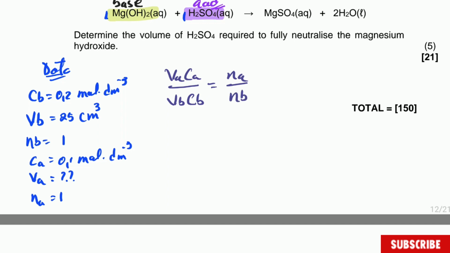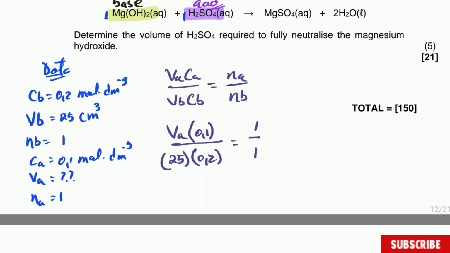And we have everything. All we have to do is to substitute. For the acid, we're looking for the volume of the acid. The concentration is 0.1 divided by everything we have for the base, which is volume 25. Do not convert, you don't have to. Multiply by 0.2 is equal to 1 divided by 1. Remember I said you don't have to, but if you think you're going to be safer by converting, then you're welcome to do it.